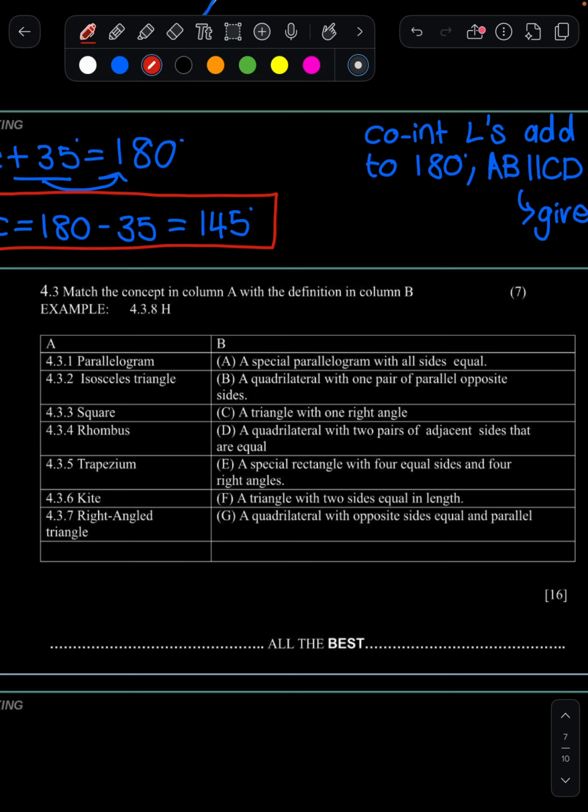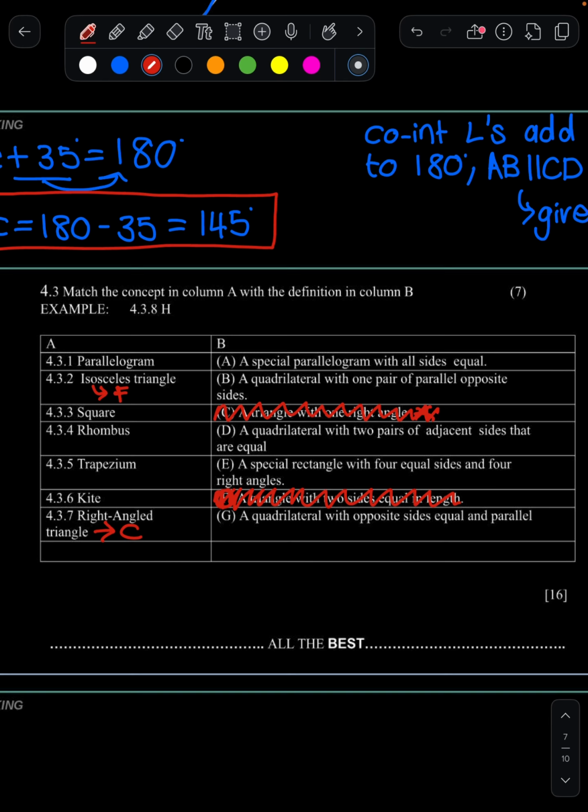So that is going to be this one, F. So isosceles triangle is going to be definition F. A right angle triangle, so let's look for the only other triangle definition, this one. A right angle triangle is a triangle with one right angle. So that is going to be C. And then I'm just going to get rid of these so I'm not looking at them now when I'm looking for the other definitions.